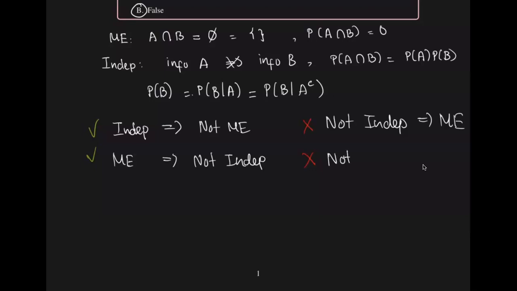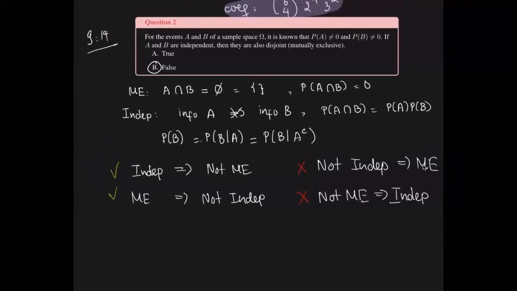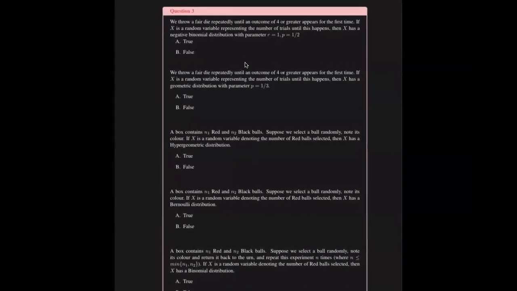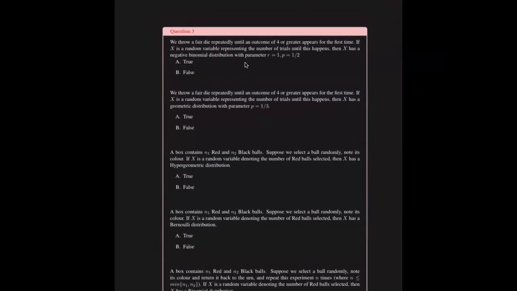And similarly, if you say not mutually exclusive means independent, this is also wrong. Any question about this one? Okay, if not, then I will let you work on question 3, maybe 5 minutes. It's just dealing with the definition of a distribution.